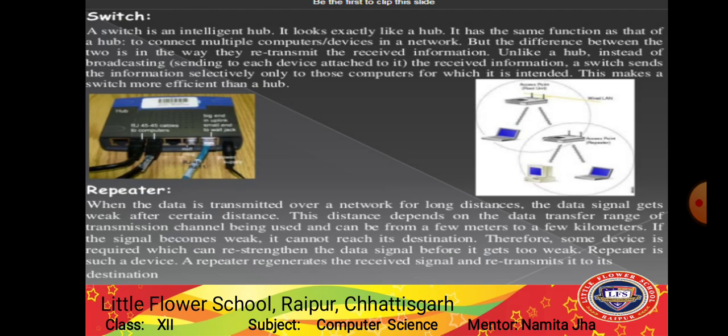If the signal becomes weak, it cannot reach its destination. Therefore, some device is required which can re-strengthen the data signal before it gets too weak. Repeater is such a device. A repeater regenerates the received signal and retransmits it to its destination.